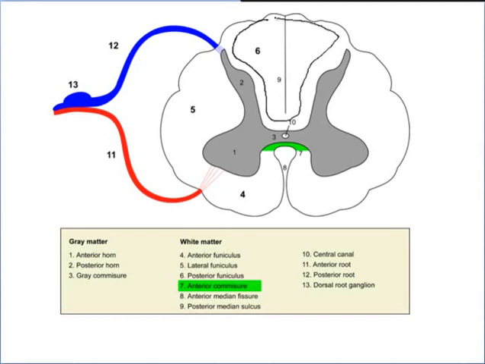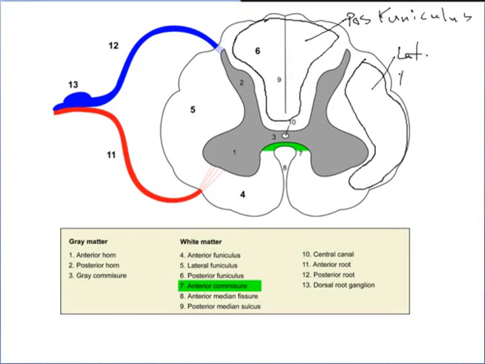This is all white matter, so that's the posterior funiculus. And then this area through here is the lateral funiculus. And then this area in here is the anterior funiculus. All right, so that's the white matter.